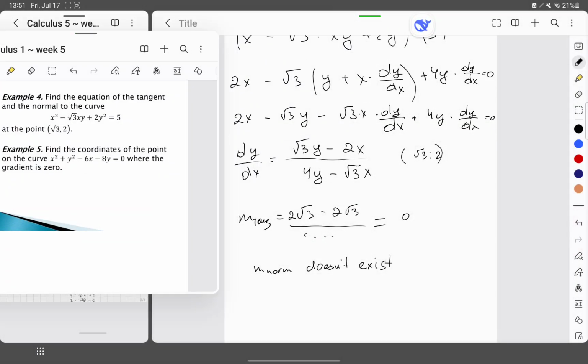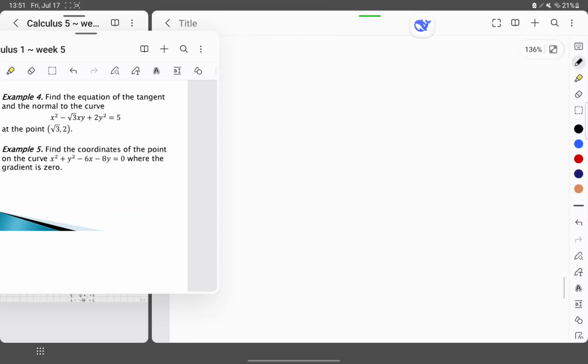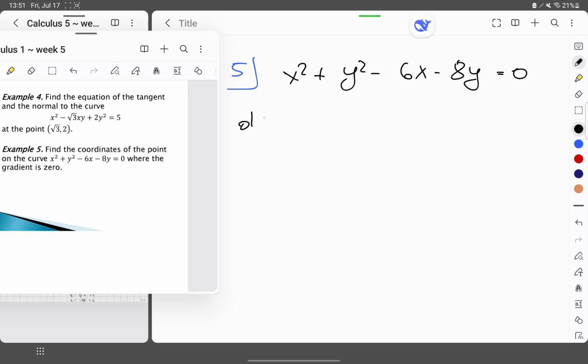Okay, let's do exercise 5. Exercise 5 is x squared plus y squared minus 6x minus 8y equals 0, where the gradient is 0. So dy over dx is 0. That is our gradient.